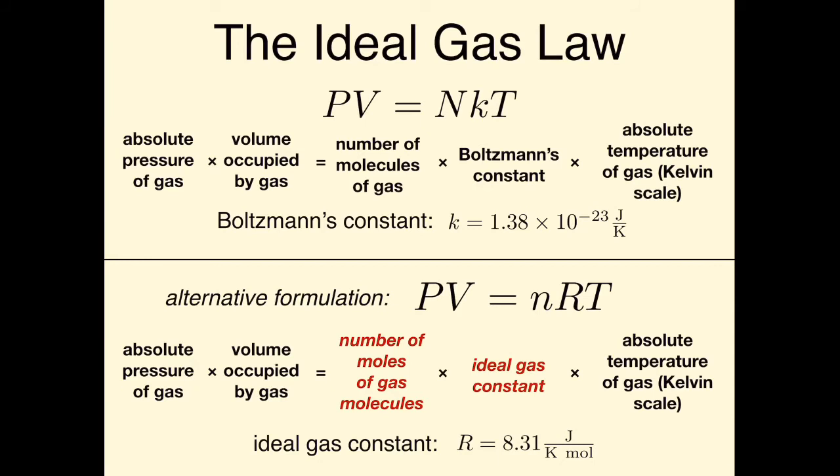In this case, we're doing it in terms of the number of moles. And then R is just a different type of constant called the ideal gas constant. Let me give you the value of that. It's about 8.31 joules per Kelvin mole. And then, of course, T is still the absolute temperature of the gas. Again, we have to use the Kelvin scale. So these are the 2 formulations of the ideal gas law.